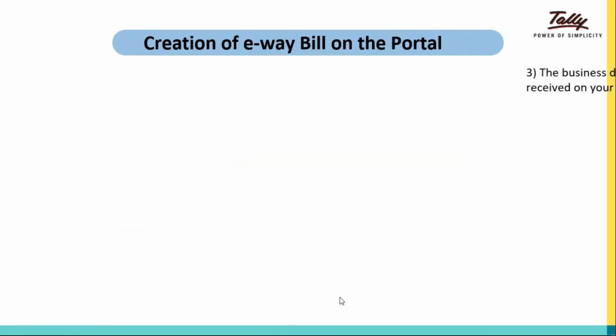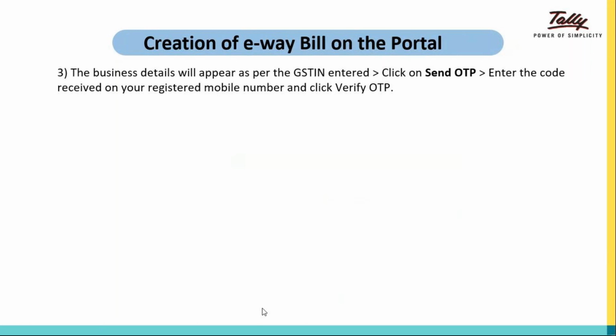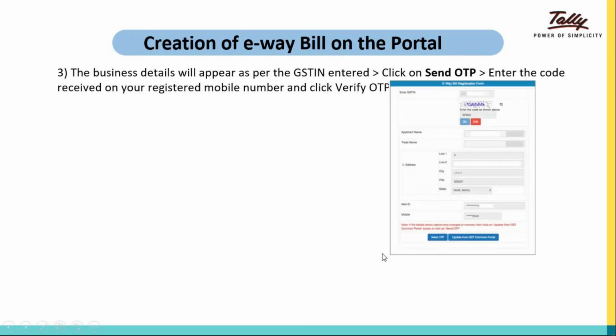Okay, so the moment you do that, you will get all the details of your business. Okay, that means the business address and everything that you have given in the GST registration details. So all that will be automatically filled. The state, pin code, address, your mail ID, and the mobile number.